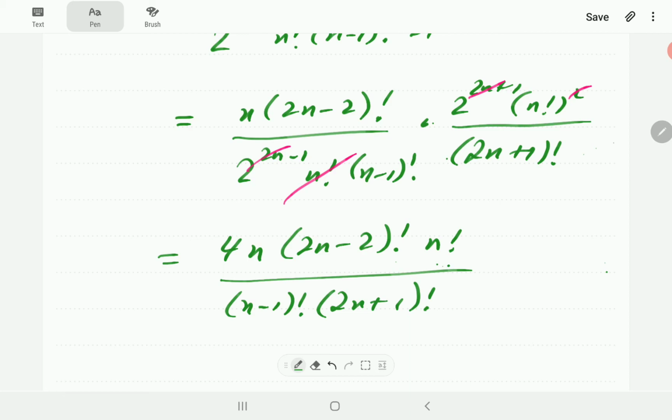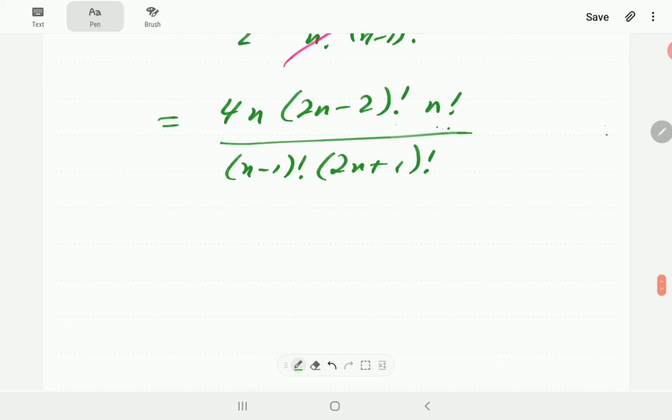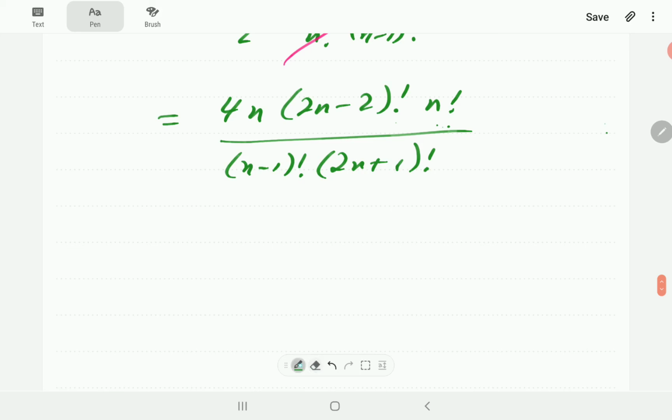Now this term and this term can cancel out, but there are a few terms in between. So in between 2n minus 2 and 2n plus 1, there is 2n minus 1, 2n, and of course 2n plus 1.